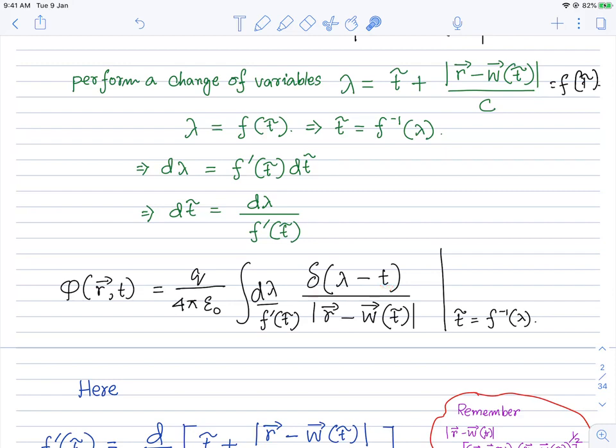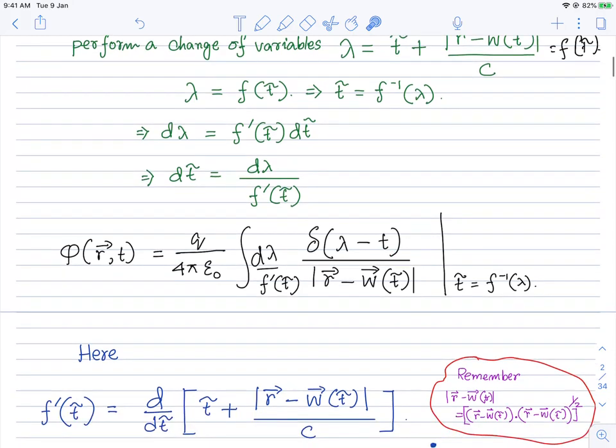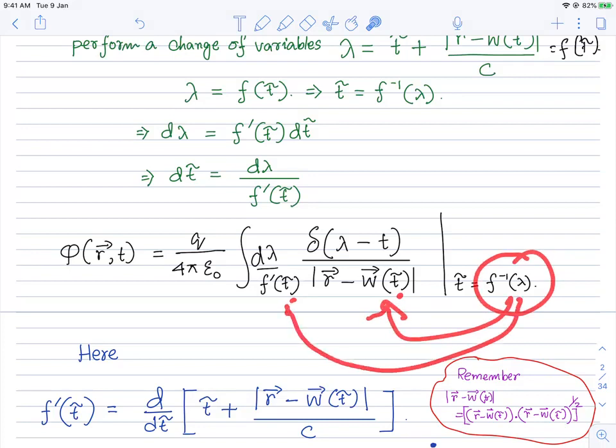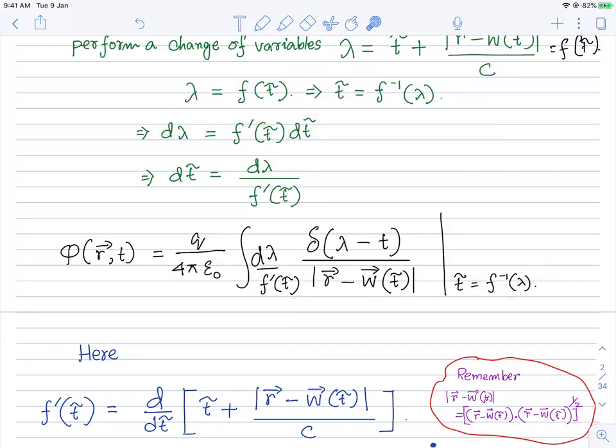And as with all variable substitutions, wherever t tildes appear, we have to substitute them. Formally, t tilde is f inverse of lambda, so that everything becomes a function of lambda, and then we can do the integral over d lambda.